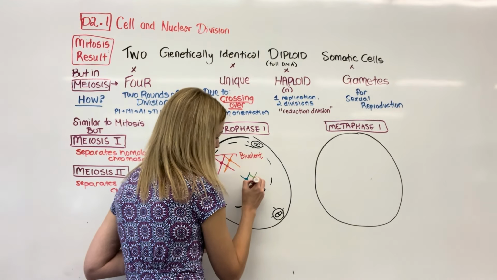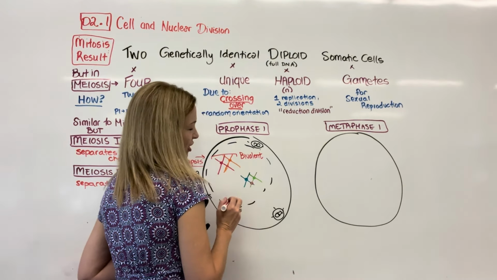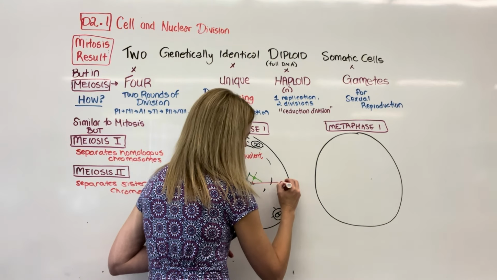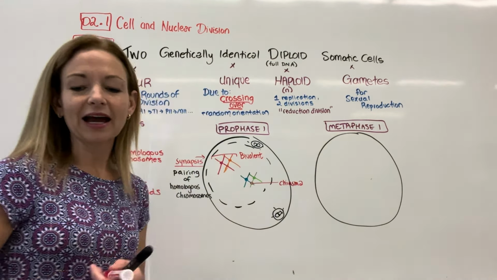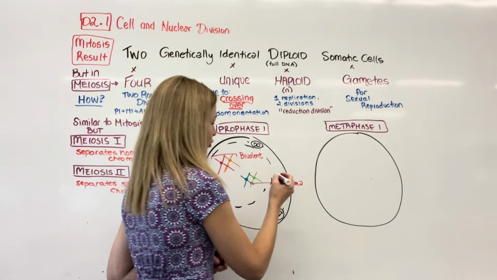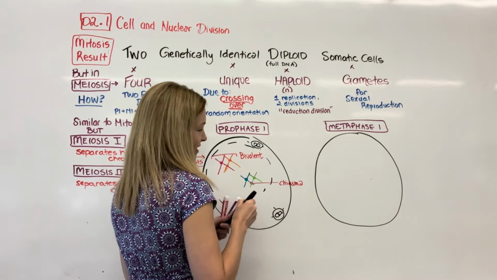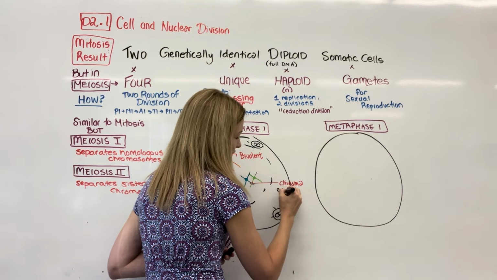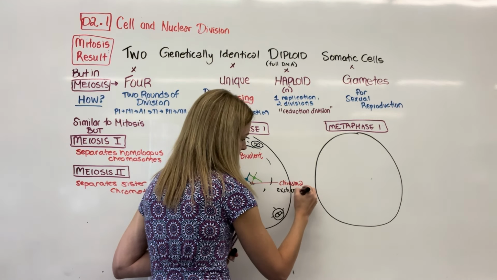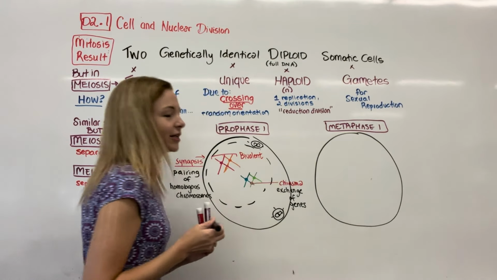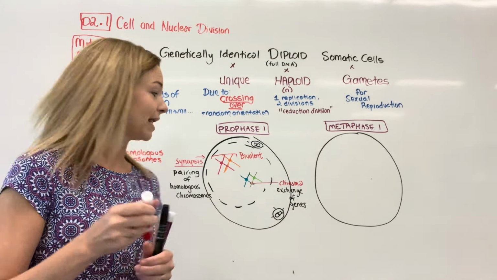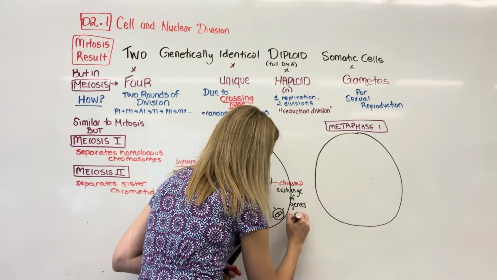So this point here, where they actually overlap, is called the chiasma. And at the chiasma, that is when they are going to exchange genetic material. So it's going to be the exchange of genes between the homologous chromosomes. So the two homologous chromosomes are going to swap DNA, and that is crossing over.